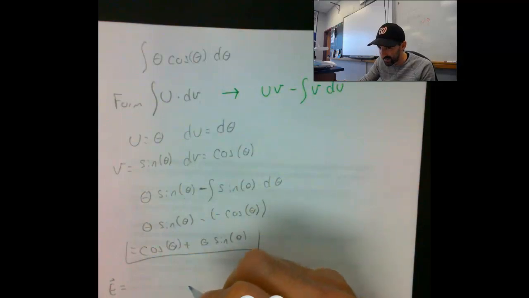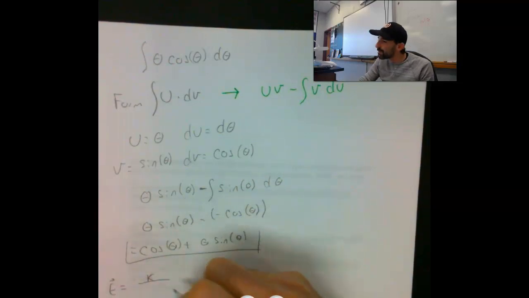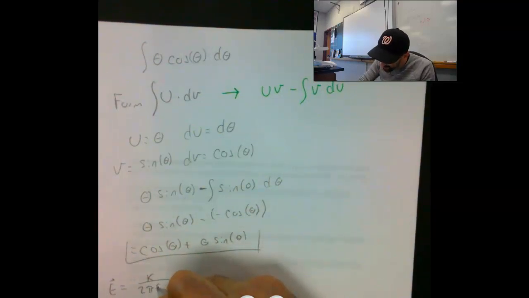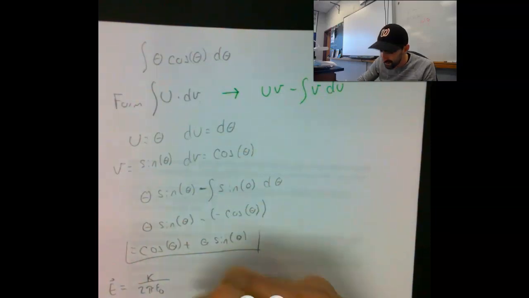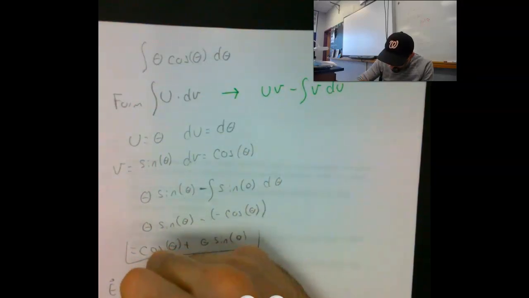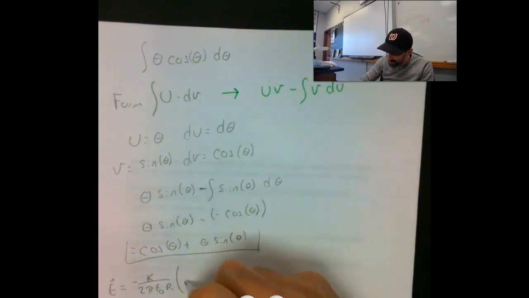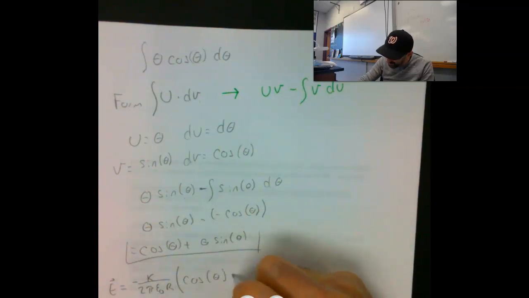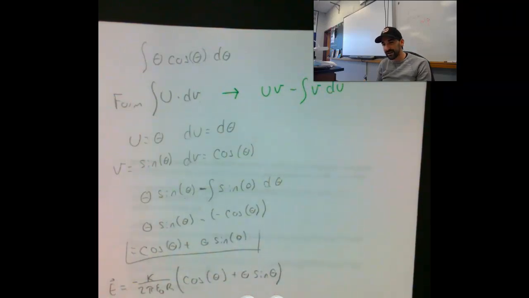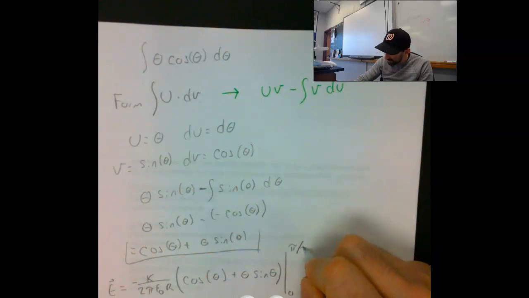So I have k divided by 2 pi epsilon 0, over r, negative k, because I pulled out that negative before, times what I just got up here, which is cosine theta plus theta sine theta. I believe that is all correct. I'm going to integrate that from 0 to pi over 2.